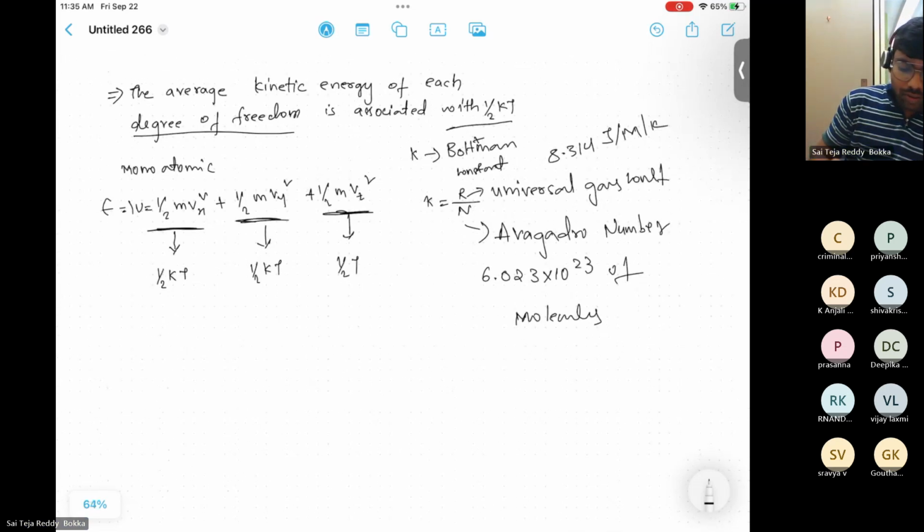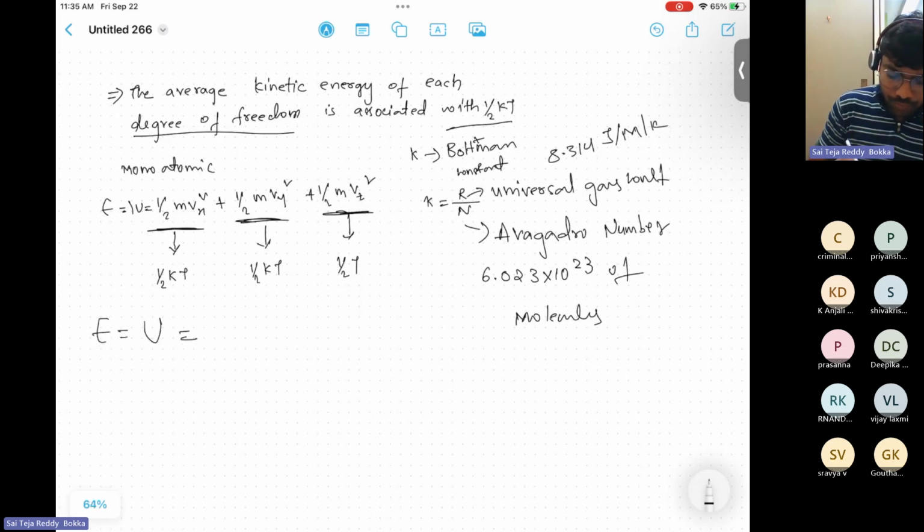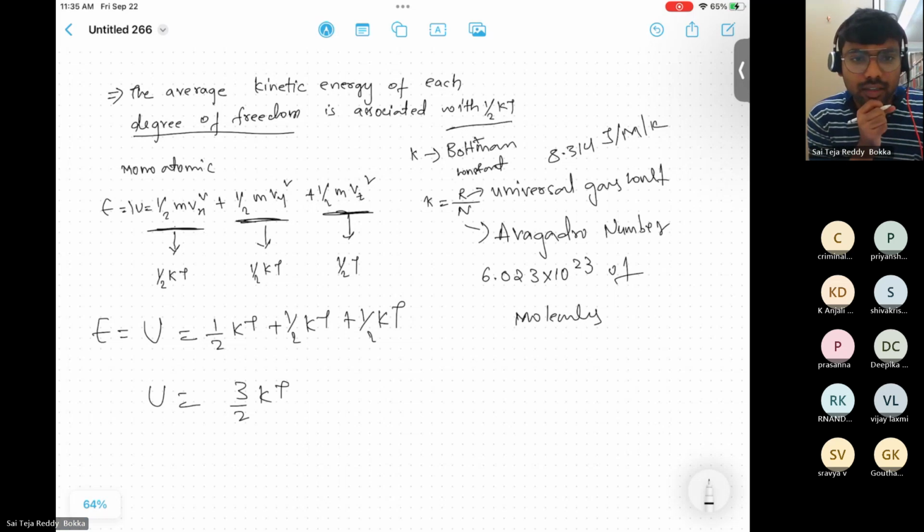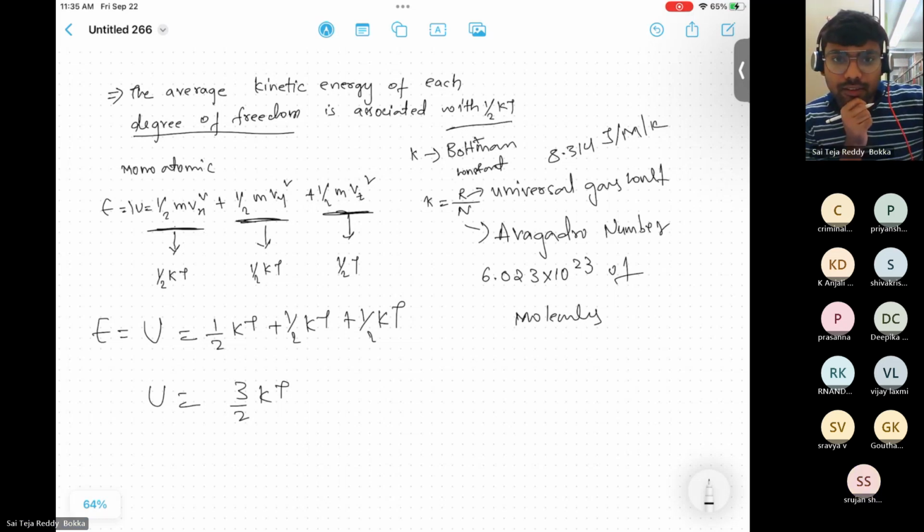So here energy U is equal to half kT plus half kT plus half kT, U is equal to 3 by 2 kT. Is it correct? Right?